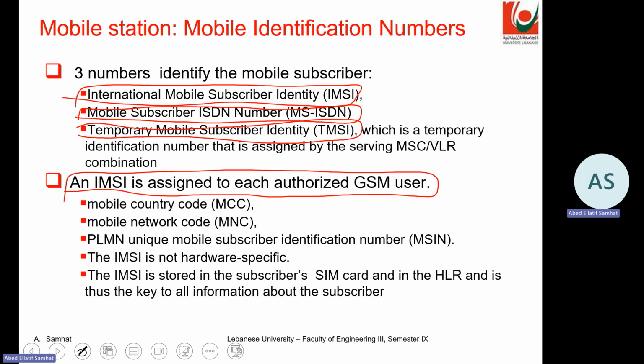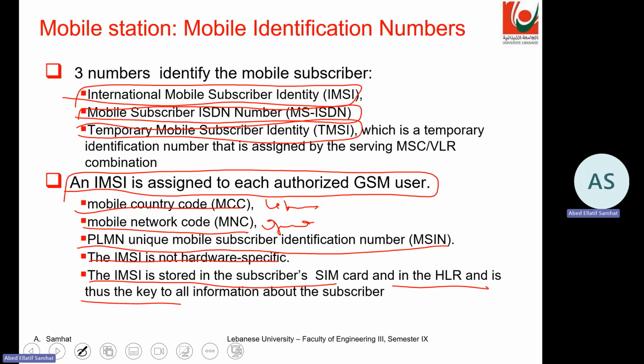It's a kind of identity of the users. It contains the mobile country code and the mobile network code. For example, we have the code for Lebanon, and the operator in Lebanon, which could be Alpha or MTC, and then the PLMN unique mobile subscriber number. This is not hardware specific, and it's stored in the subscriber SIM card and also at the home location register. And it's really the key to all information about the subscriber.